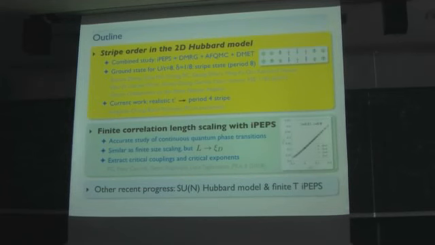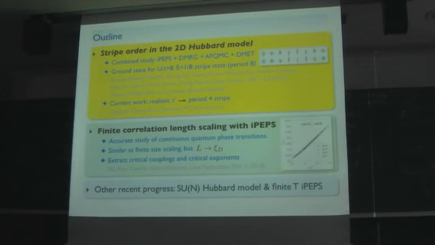Then in the second part, I would like to switch topic and tell you about an approach called finite correlation length scaling with iPEPS, which is a method to systematically study continuous quantum phase transitions. So it works in a very similar spirit as conventional finite size scaling, but instead of doing the scaling analysis in terms of different system sizes, we do it in terms of an effective correlation length that we extract from our iPEPS simulations.